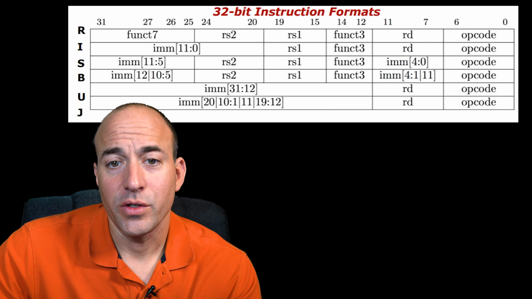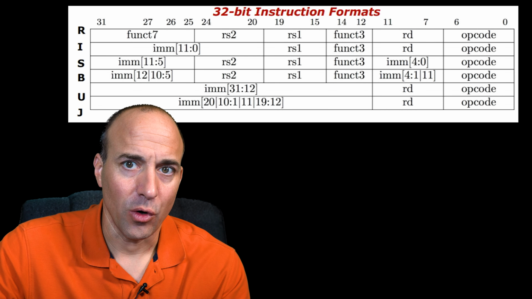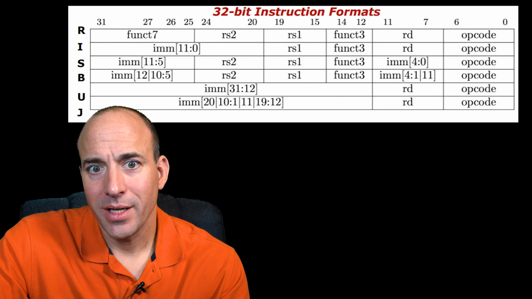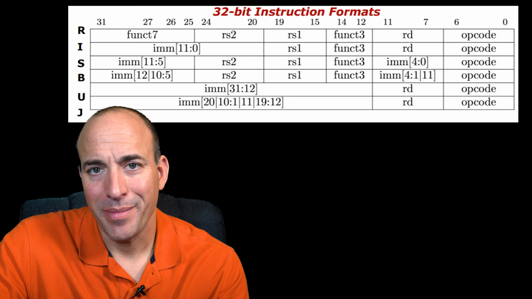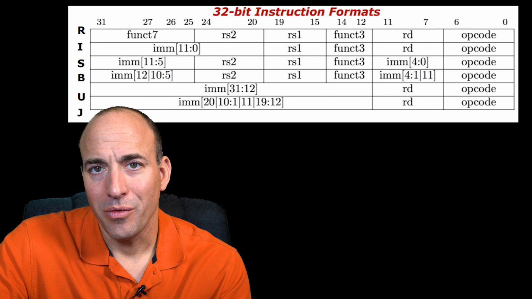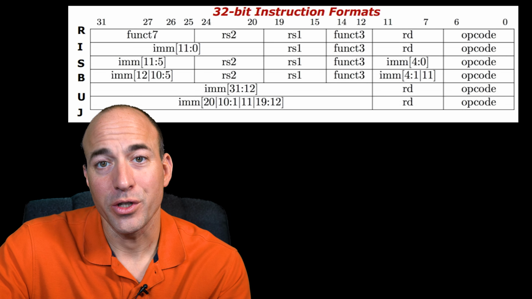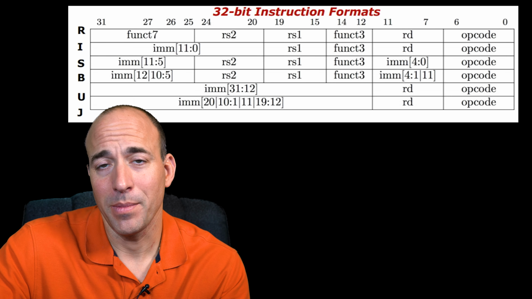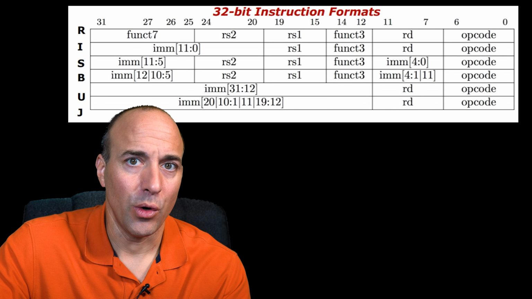Most of these instructions use the R, I, and B encoding formats. But there's also the S-type, J-type, and U-type encoding formats that are weird corner cases designed for one-off or specific instructions. So S-type is for stores, J-type for jump and link, and U-type for load upper immediate.